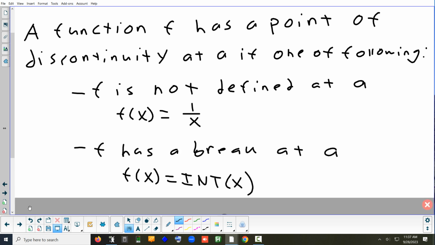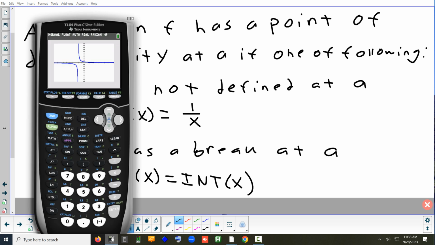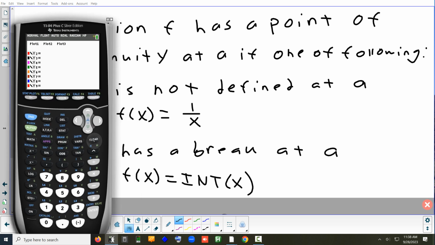Another way is not because you get an undefined value, but because there's a break or a jump in the graph. So is there any number that you can think of that you can't round down? Like if you tried to round it down, you'd get an error.